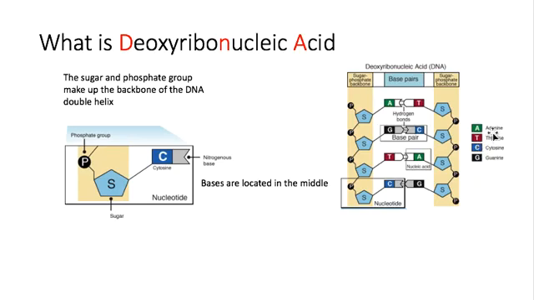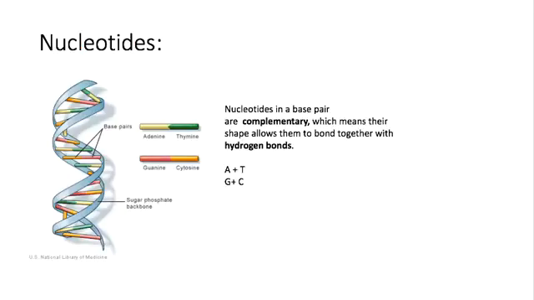Each of these bases bond together to create a base pair. But is this a spontaneous pairing? It turns out that this is not a spontaneous pairing. Each of these nitrogenous bases is actually complementary to one another through shape. So each of them combine together.